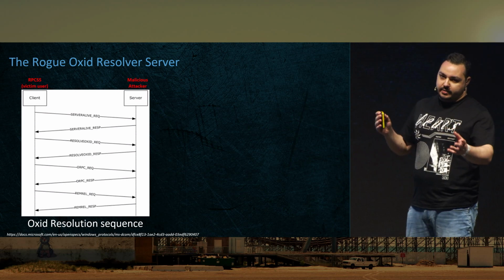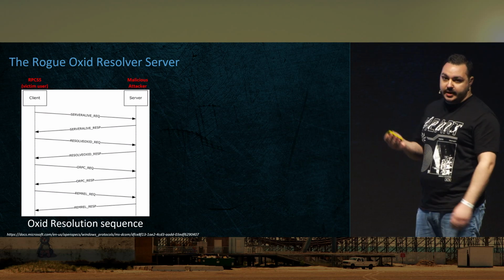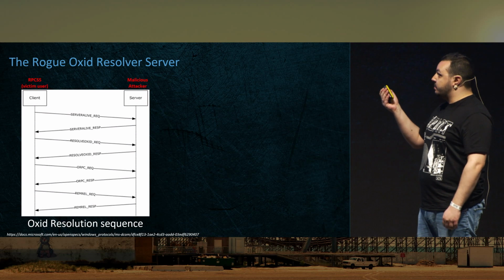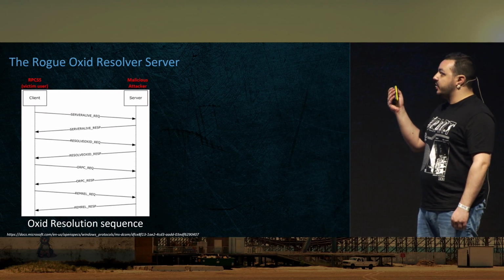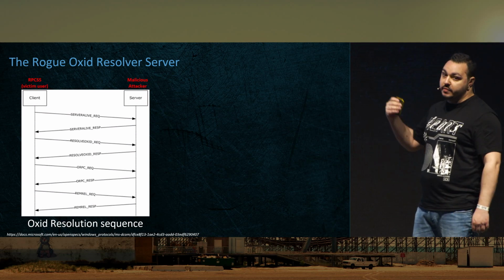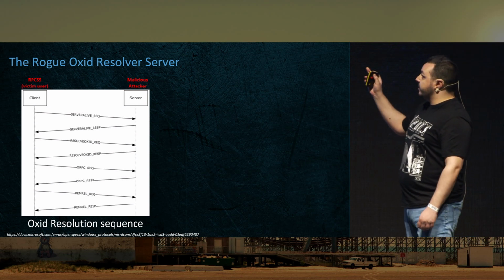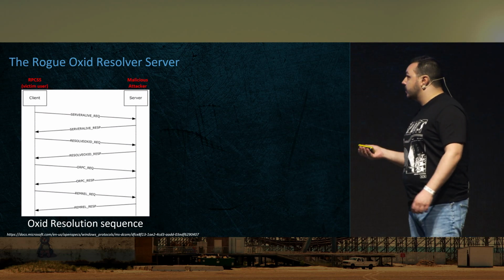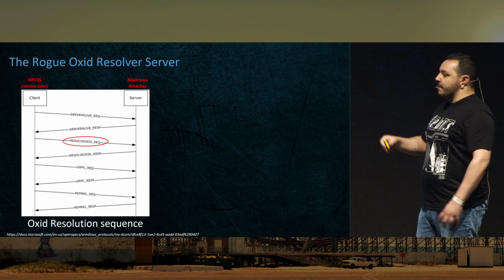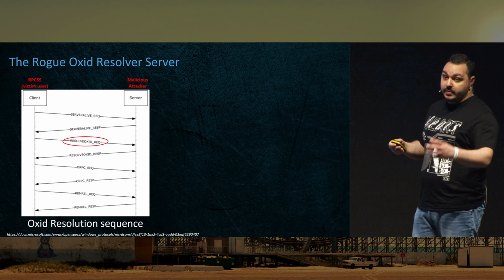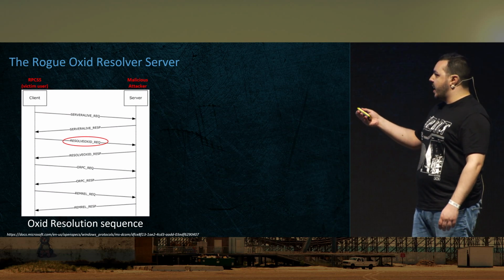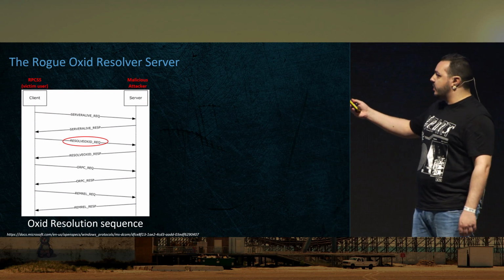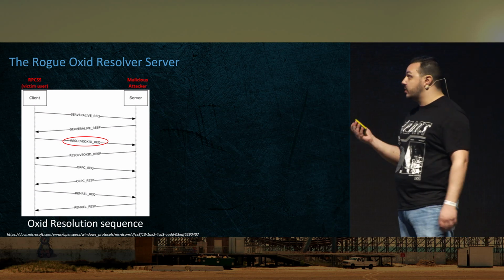To be more precise, it's RPCSS that is performing the call impersonating the security context of the user. And then the server is us, the attacker. When the unmarshalling of the object of the COM interface occurs, a privileged authenticated OXID resolution comes to us.